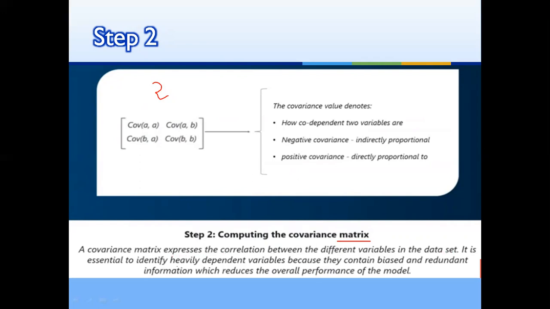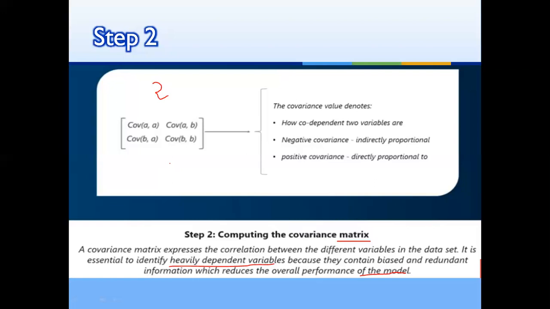It is essential to identify heavily dependent variables because they contain biased and redundant information, which reduces the overall performance of the model. As we discussed in the example of age and date of birth, both are highly correlated and both are providing the same information. We can say these are the redundant data in the data set, and with the help of the covariance matrix you can find these highly correlated variables.